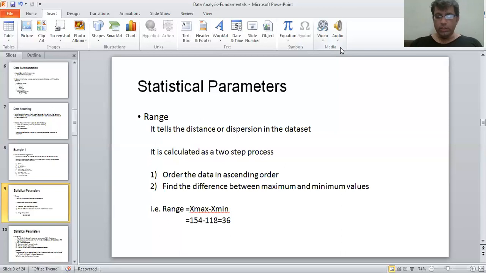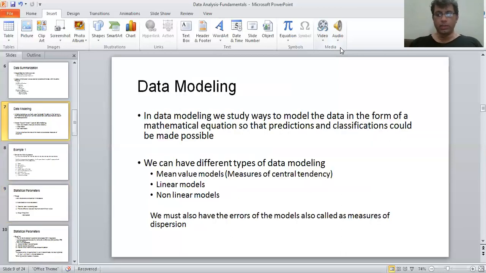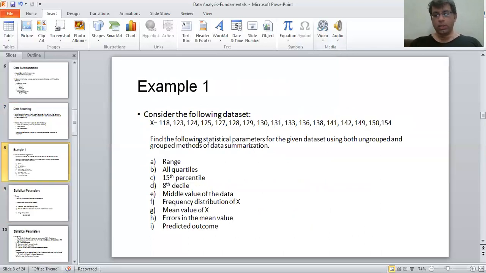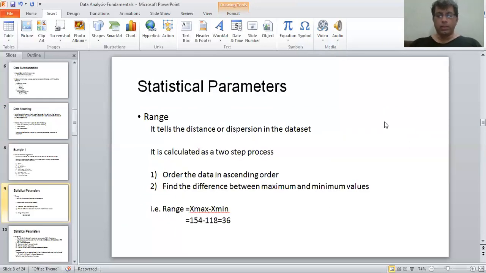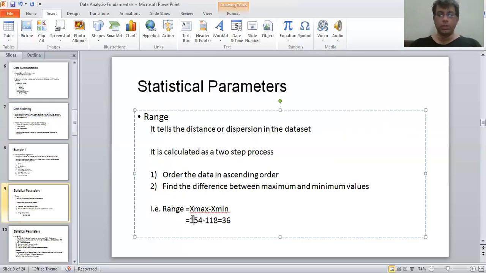To understand this idea, let's say that in the data set we were discussing, the maximum value was not 154, rather it was 254. Then the range would have been the difference between 254 and 118, and the result of this subtraction would have been 136 rather than 36.